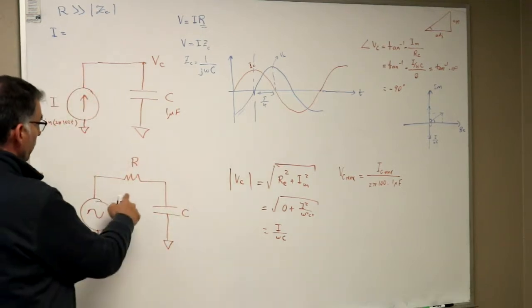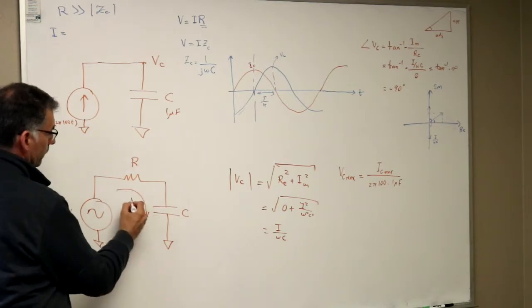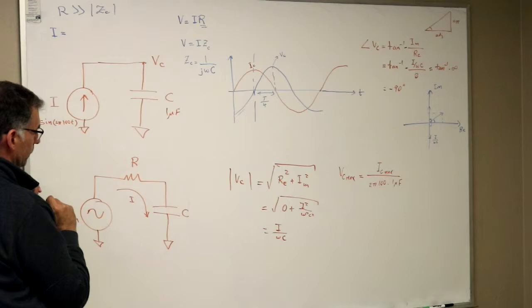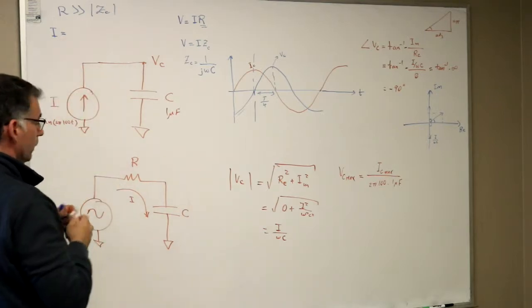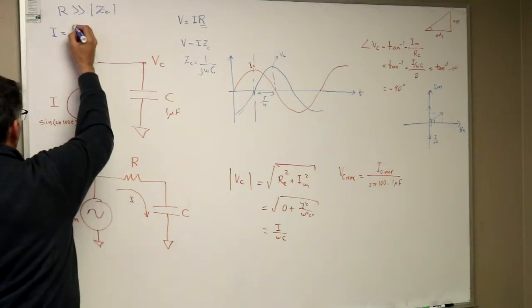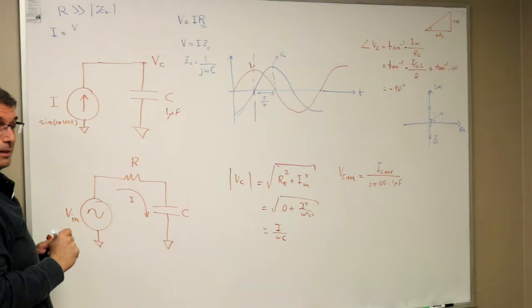Okay? So if I want to find the current going through here, using Ohm's law, I equals V over R, equal to V over Z.